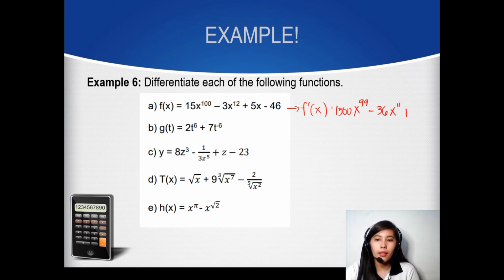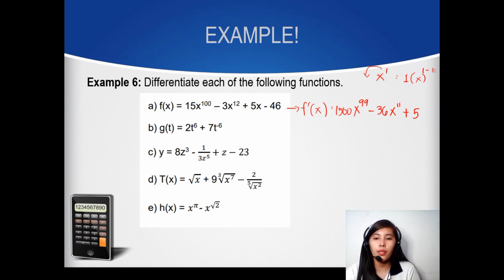Then, since the exponent of x here is 1, that is 1 times 5 is 5. If we have x, the exponent is 1, so if we bring down the 1 here, that will be 1, then multiplied by x, the exponent 1 minus 1 will be 0, and any number raised to 0 will be equal to 1.